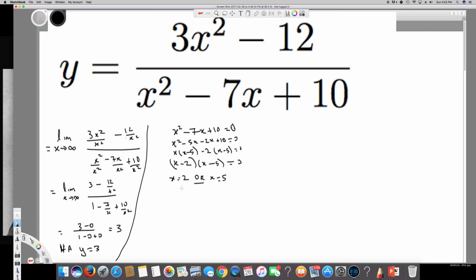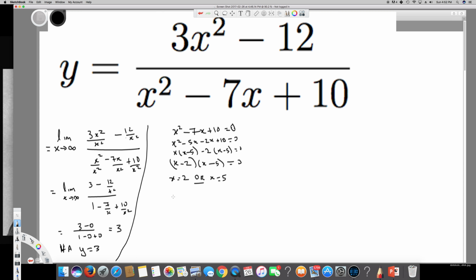Since we have two values for the vertical asymptote, we have to make sure whether these two will work. In order to do that, I simply apply them in this equation and check whether it exists, because we know when x is equal to 2, y should be equal to infinity. That's what an asymptote is: when y is infinity.